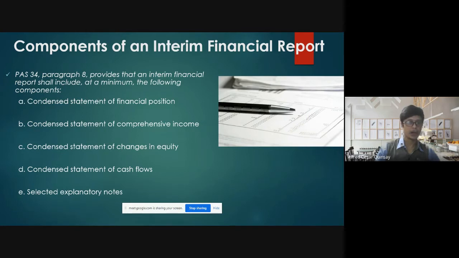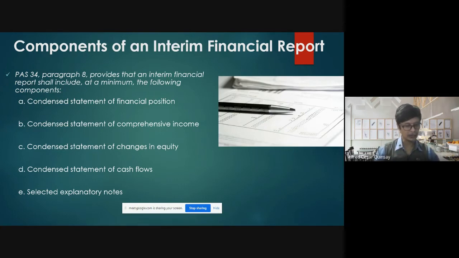So, paragraph 8A of PAS 34 provides that an entity can present items of profit or loss in a separate condensed income statement. Yung nakahiwalay, no? Naka-segregate.